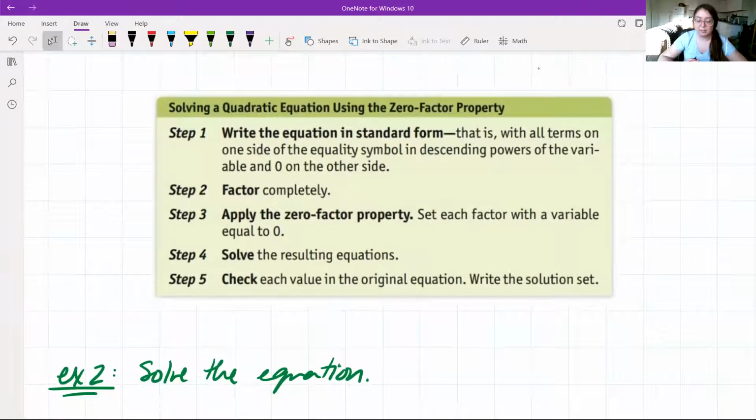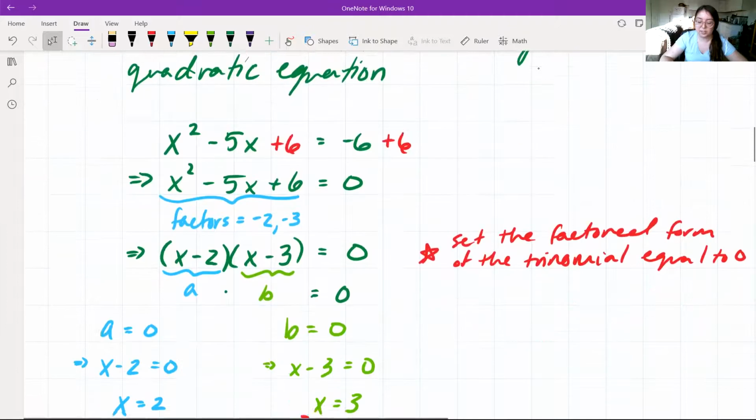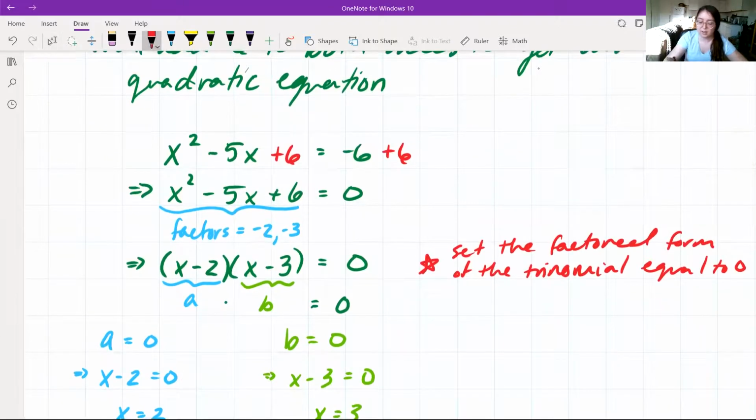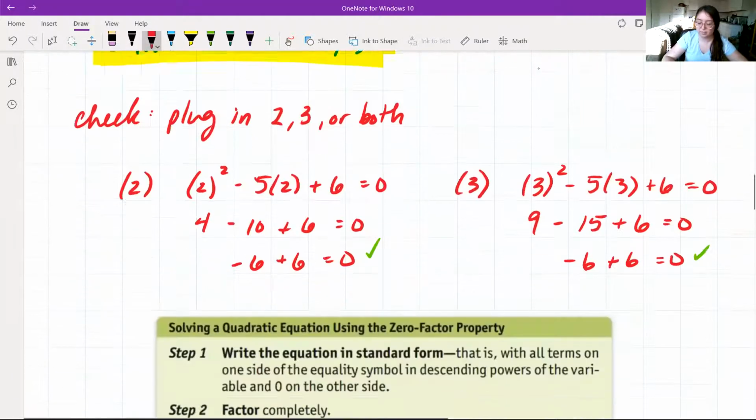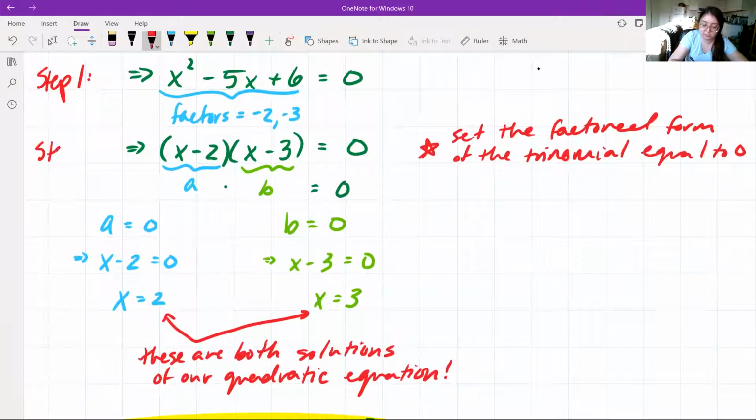So to summarize, solving a quadratic equation using the zero factor property. Step one, you want to write the equation in standard form. That is with all terms on one side of the equality symbol in descending powers of the variable, and zero on the other side. That's what we did here; we rewrote into our standard form. So this was step one. Step two, we factored completely.